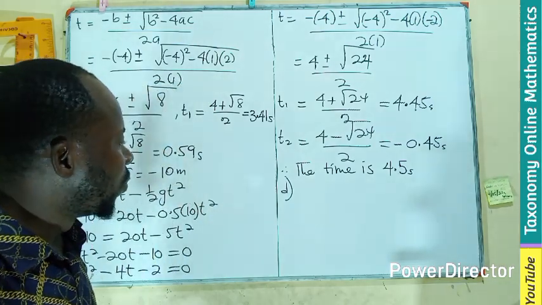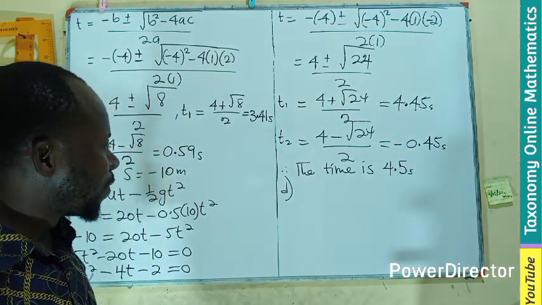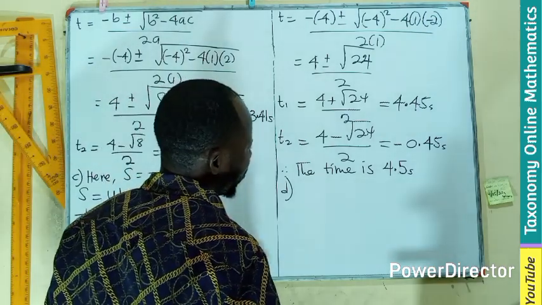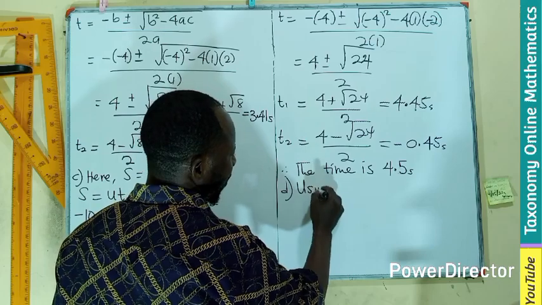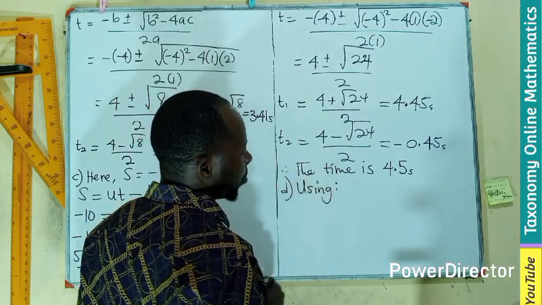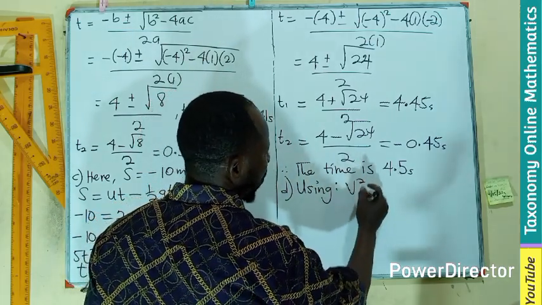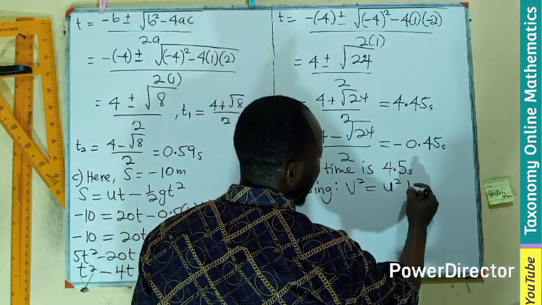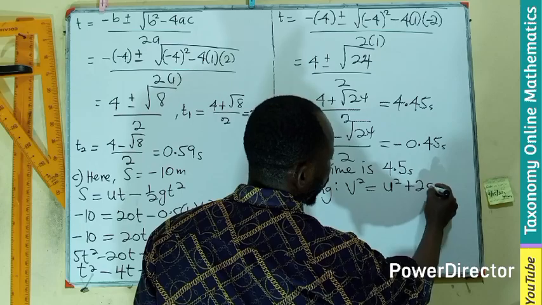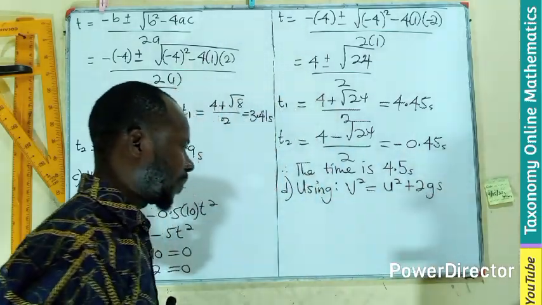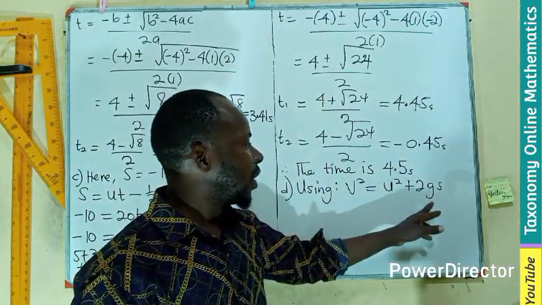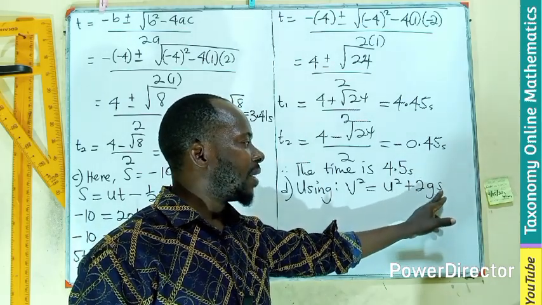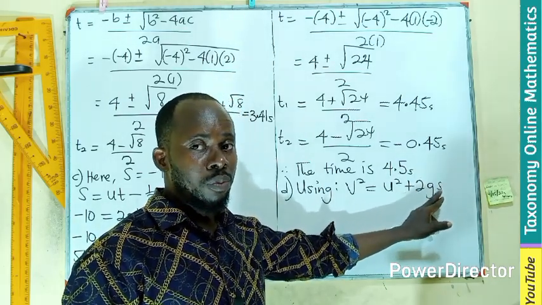So what formula of motion can I use? Let's say using v square equals u square plus 2gs. Where in this case, the g is going to be negative here, then the displacement will also be negative.